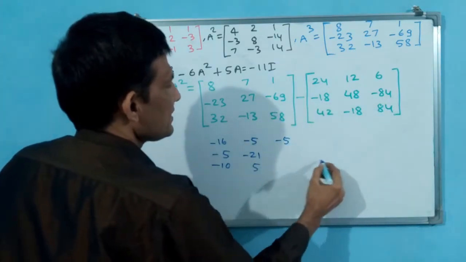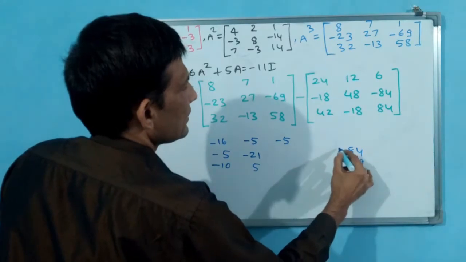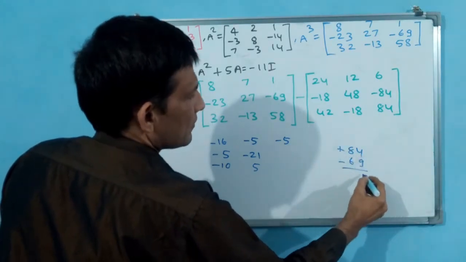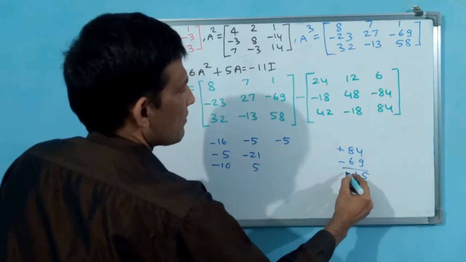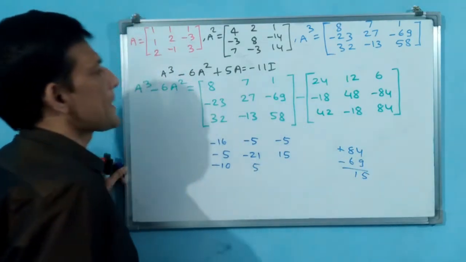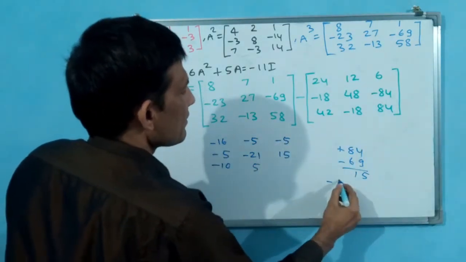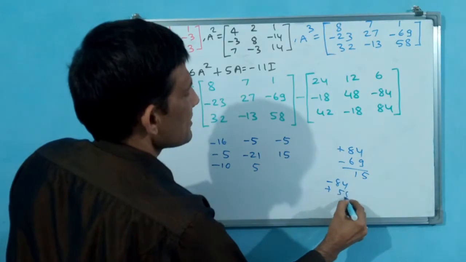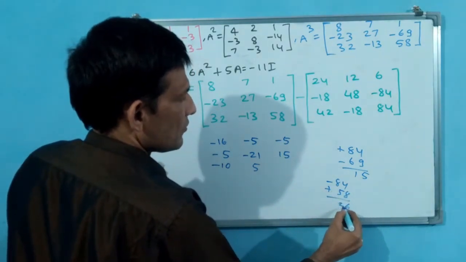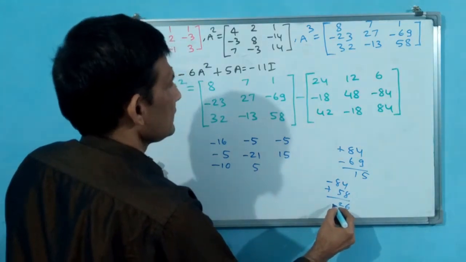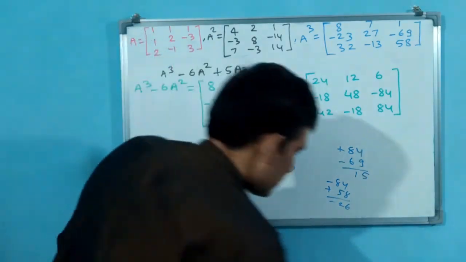Plus 84 minus 69, 15. Okay, let it be. Minus 84 plus 58, minus 26.